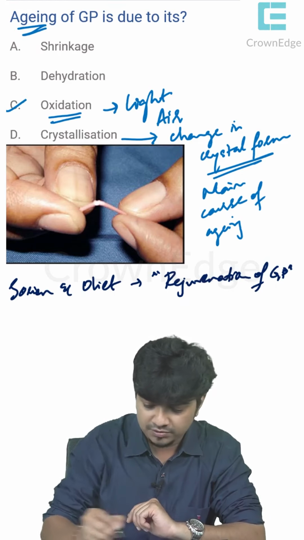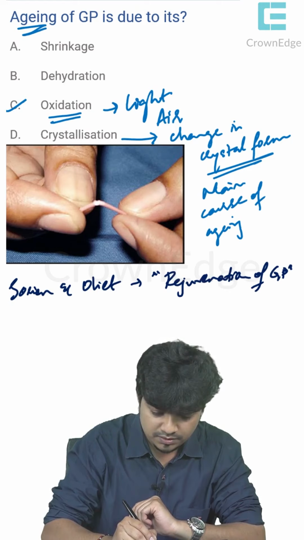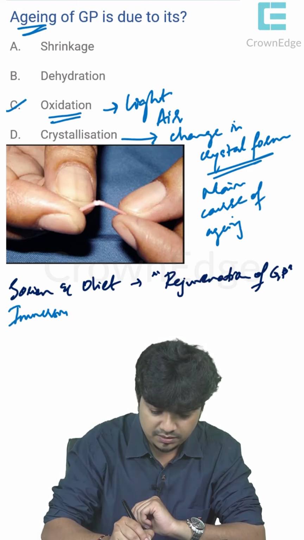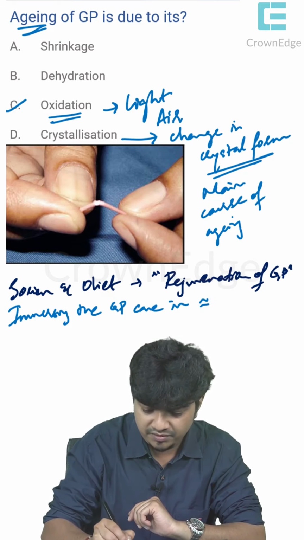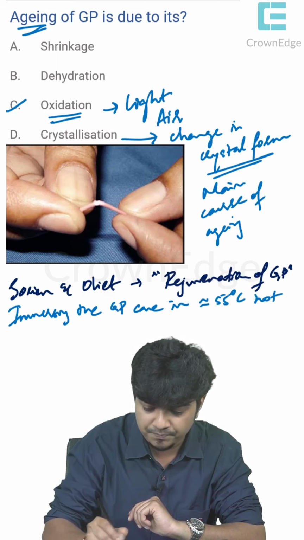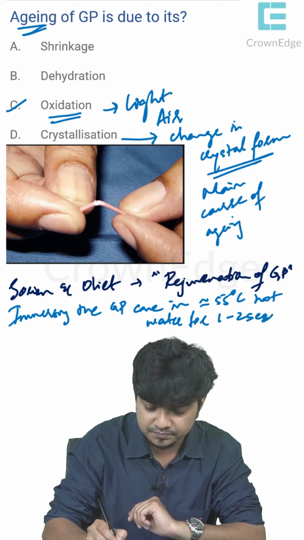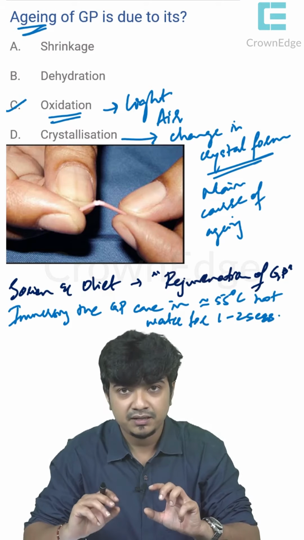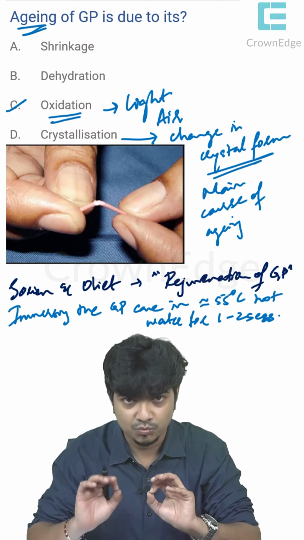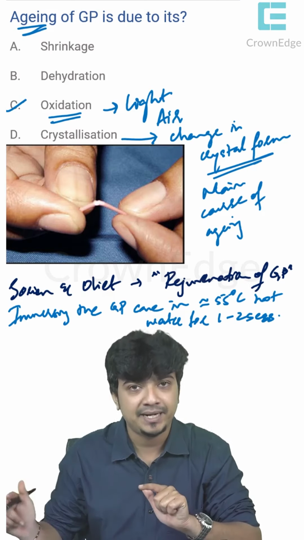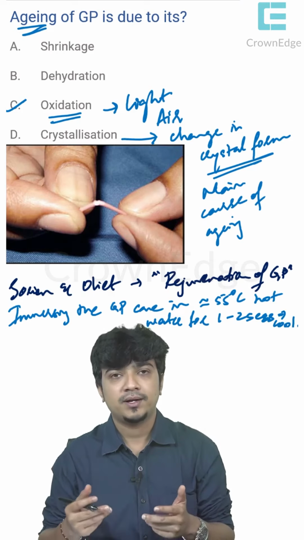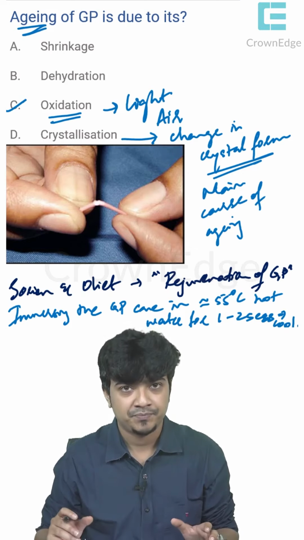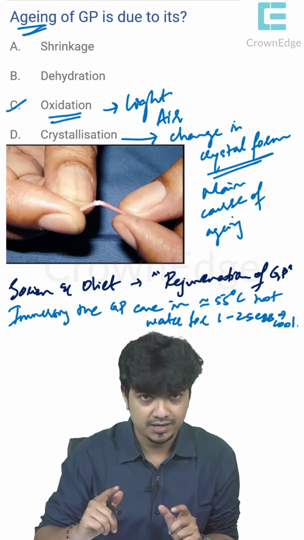The process involves immersing the gutta percha cone in approximately 55 degrees Celsius hot water for 1 to 2 seconds. After it has been placed in hot water for 1 to 2 seconds, we immediately and rapidly cool it down, which makes the gutta percha fragile again. So this is the technique which was given by Sorain and Olliett.